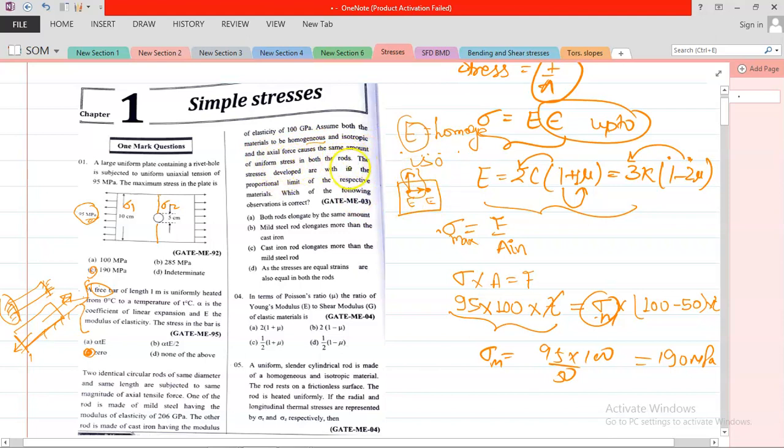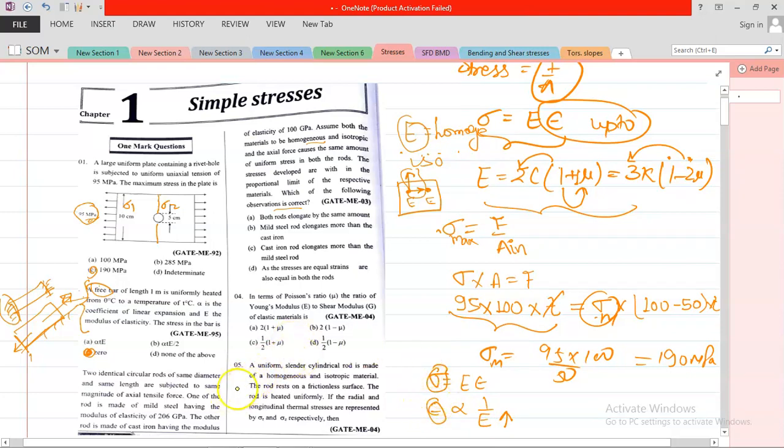Now the same axial force causes the same amount of uniform stress. Then which of the following observations is correct? As you know, stress is directly proportional to strain. So if stress is constant, the strain is inversely proportional to modulus of elasticity. What that means is, where the value of E is greater, the strain will be smaller.